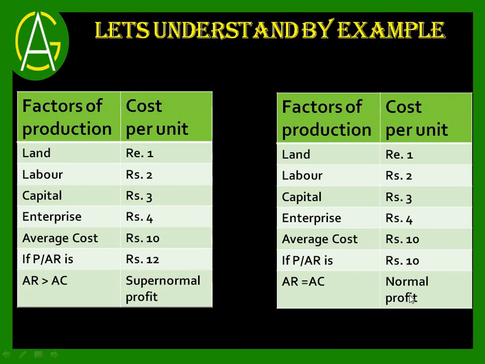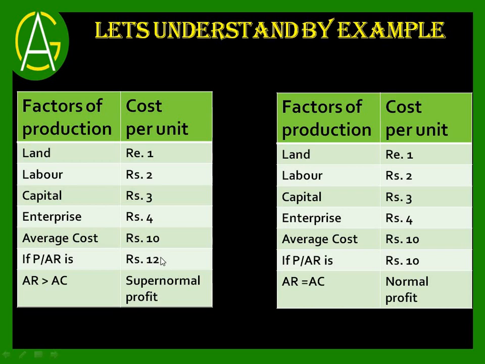When average revenue is equal to average cost, it means that the firm makes normal profit. Normal profit means the profit earned by this entrepreneur, that is rupees 4, which is already included in the average cost. Other than this 4 rupees, the entrepreneur is not able to earn any additional amount. In the earlier situation, the entrepreneur was earning this 4 rupees for his services, and in addition he was earning 2 rupees extra.